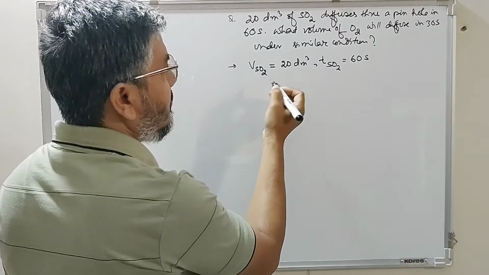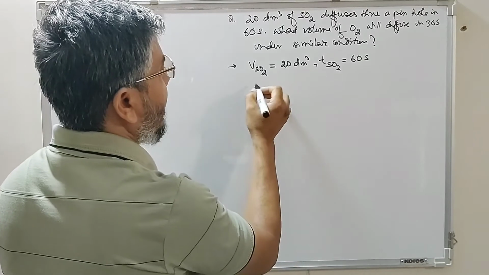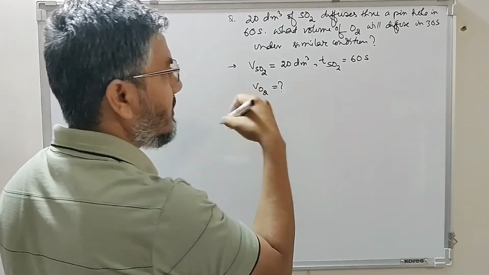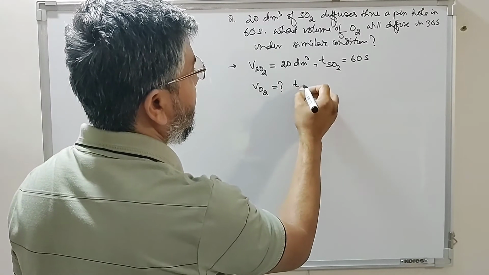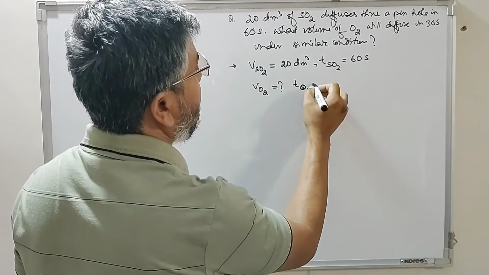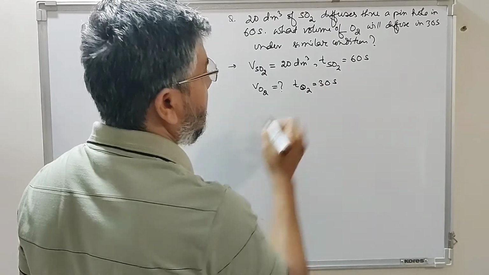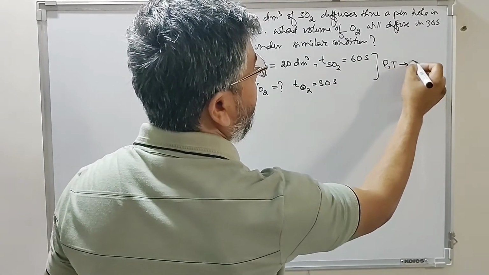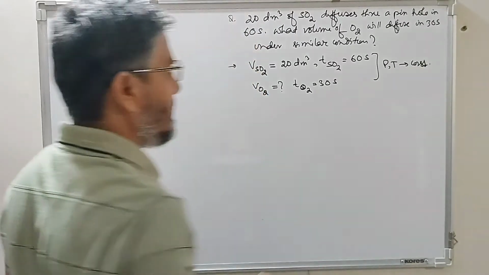The question asks us to find the volume of oxygen gas that will diffuse in 30 seconds. In both cases, temperature and pressure remain constant.